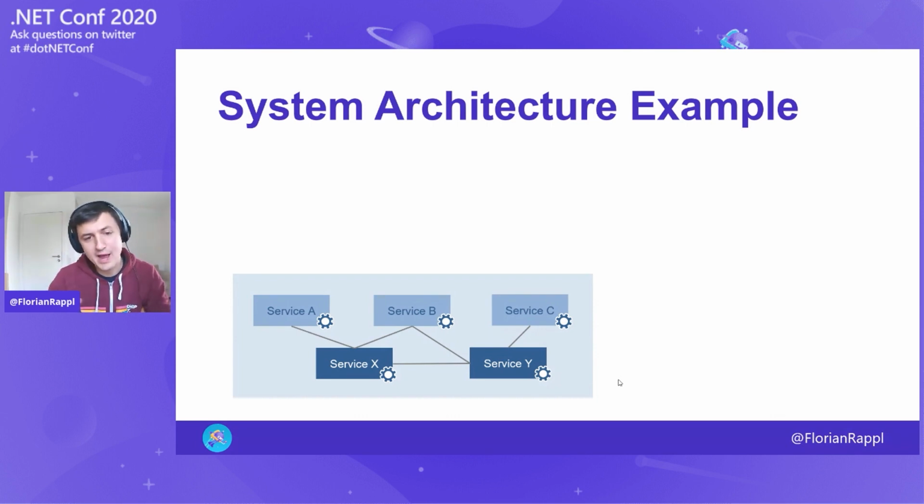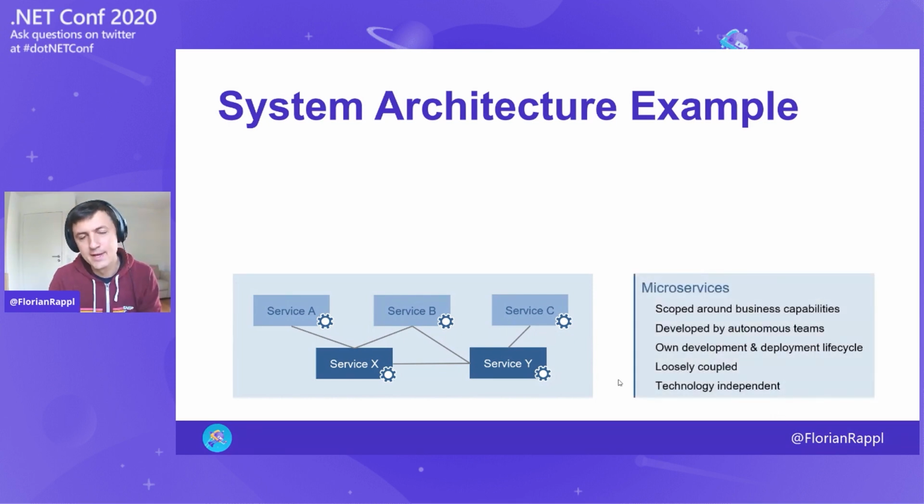And then we build kind of a mesh of these services. So the interactions between these services can get rather complicated, but nevertheless, we still do that because it gives us, of course, some gains. If we think about it, why do we want to have microservices? They are, of course, not the ultimate solution, but a nice way to go forward because they are already scoped around business capabilities. So really, we can make one business capability, one service.